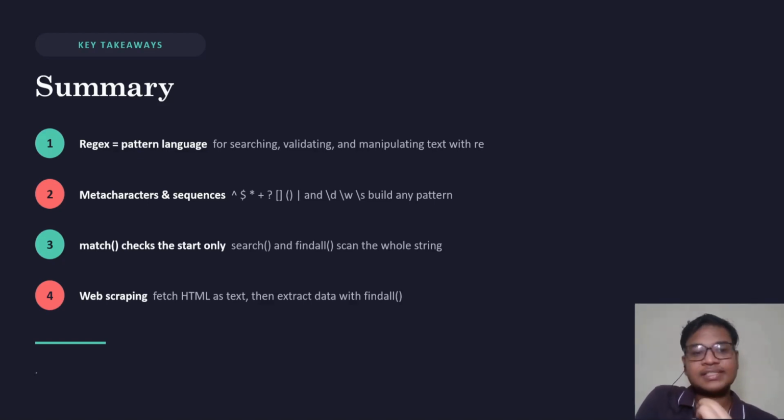Second, the metacharacters and sequences, which you can also see inside this lecture, build any pattern. Third, match checks the start only, while search and findall scan the whole string. Fourth, with web scraping, fetch HTML as text, then extract data with findall. So this is the summary of this lecture.